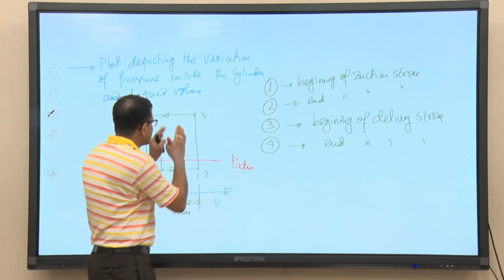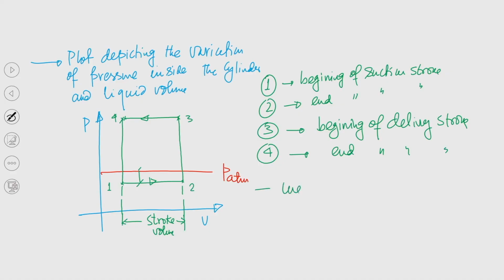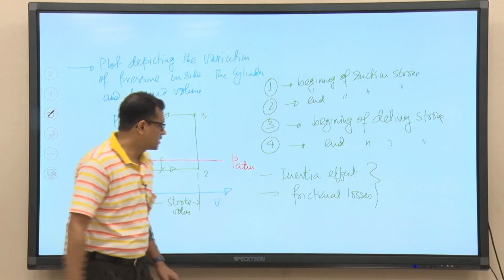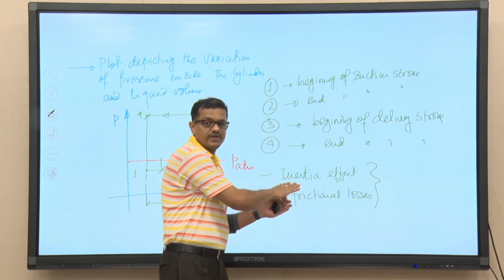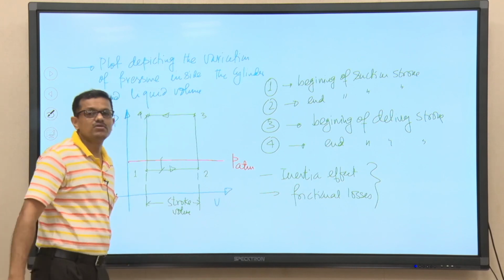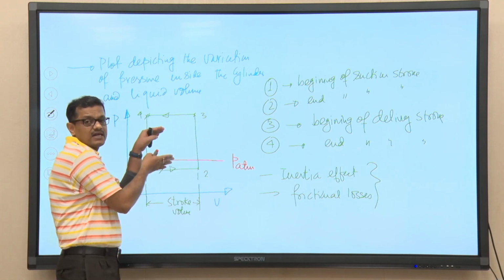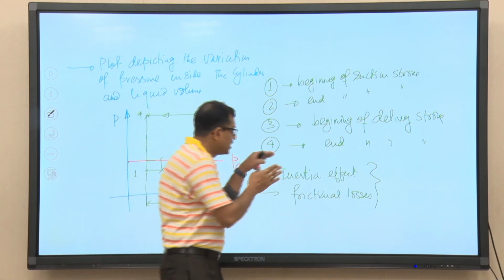So, that means, if we try to superimpose number 1, that is the inertia effect, and frictional losses, if we consider these two effects, this diagram should be modified. This very simple diagram and simplified analysis does not take into account these two effects.